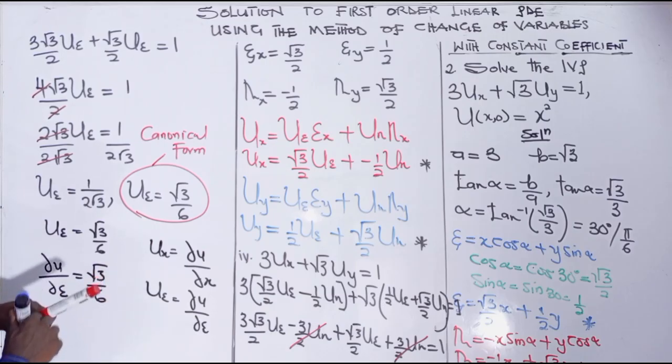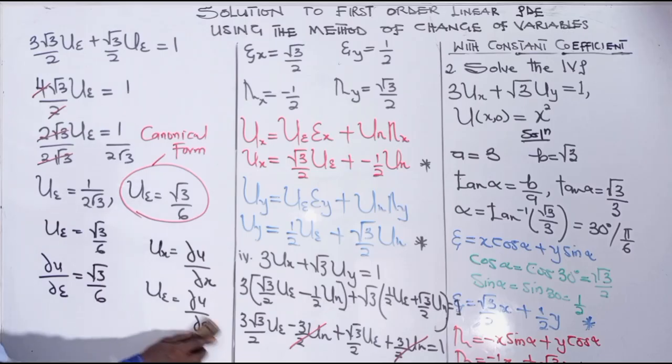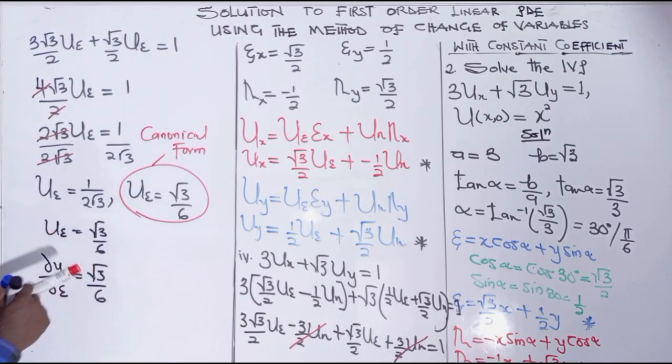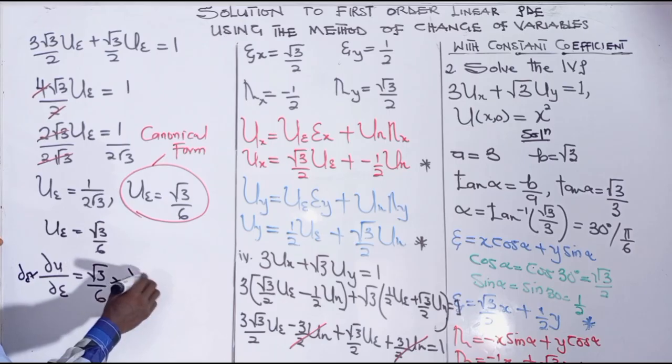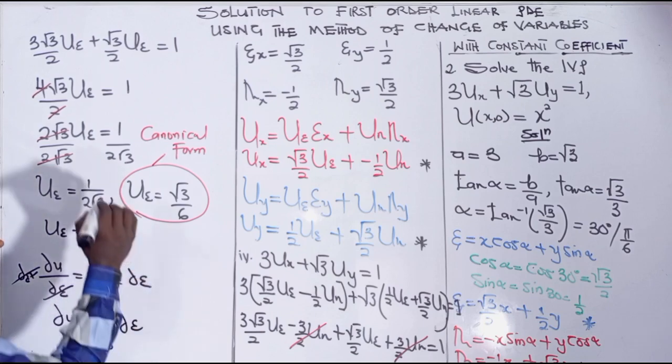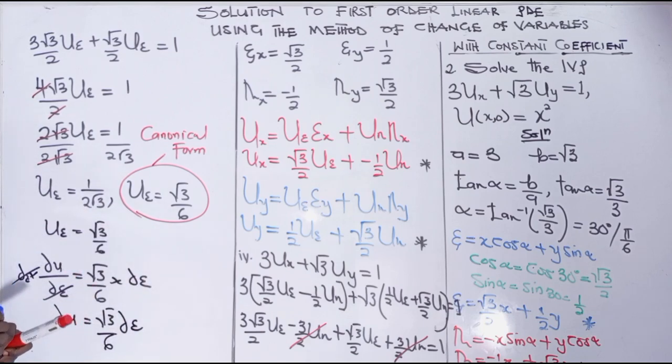Very, very interesting. So once we have this, we separate the variables. We are just going to multiply both sides of the equation by del xi, so that this will cancel this. So we have our del u is equal to root 3 all over 6 del xi. We've separated the variables into u and xi.